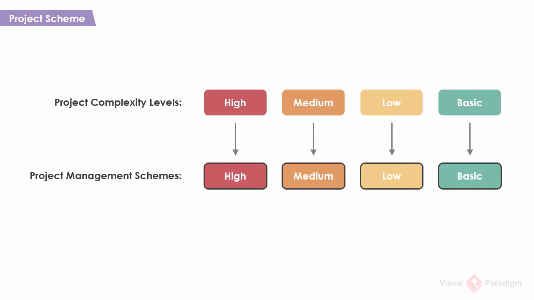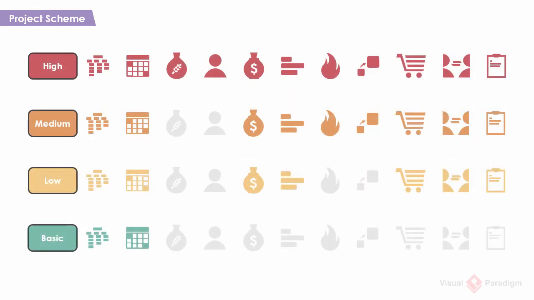The activities and deliverables required to complete throughout the project are controlled by the selection of scheme. While it's recommended that project managers choose the project management scheme based on the result of the project complexity assessment, it's up to his or her choice to select the scheme he or she wants if deemed beneficial to the success of the project.